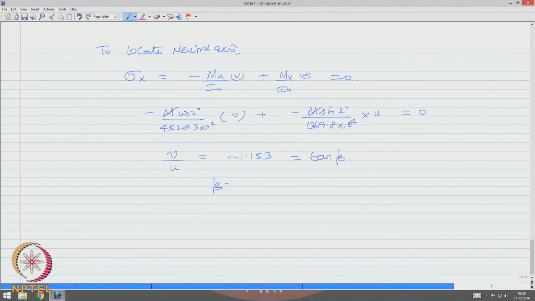So, which says beta is minus 49.06 degrees.